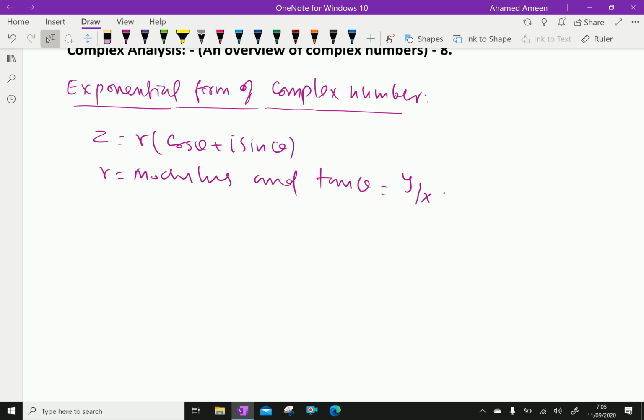Then the argument is theta, that is tan inverse y by x.